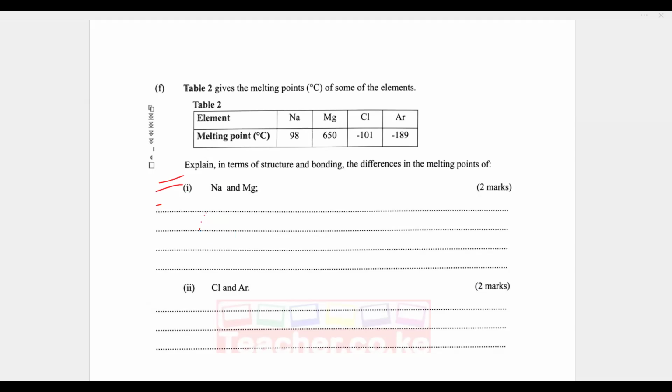About magnesium, but the sodium bit, it's not van der Waals. The magnesium has very strong metallic bonds, but why? They both have very strong metallic bonds. Sodium and magnesium, they're both metallic. So why is magnesium higher?